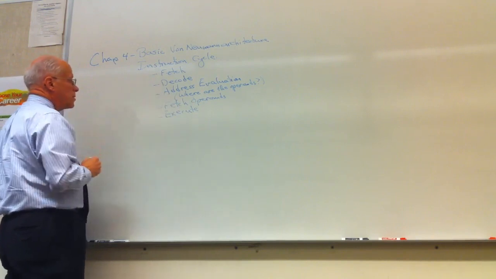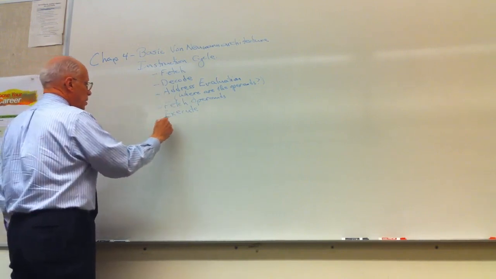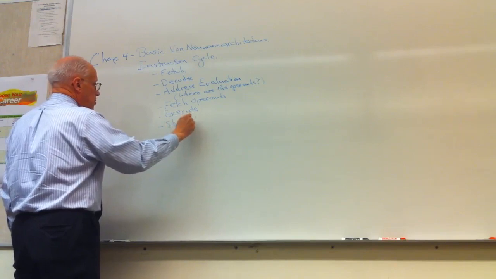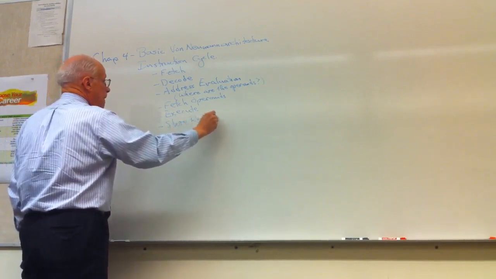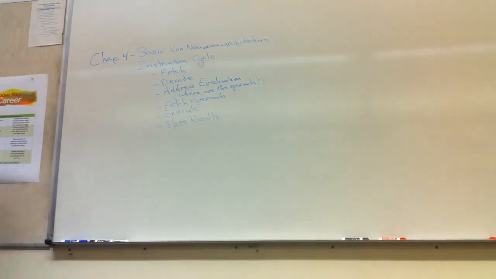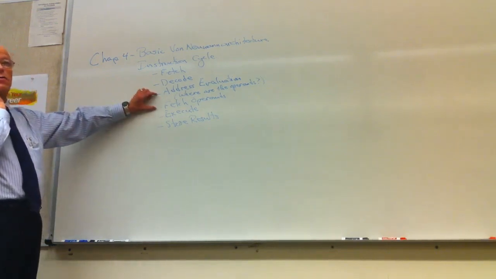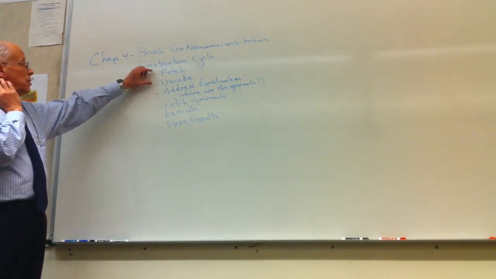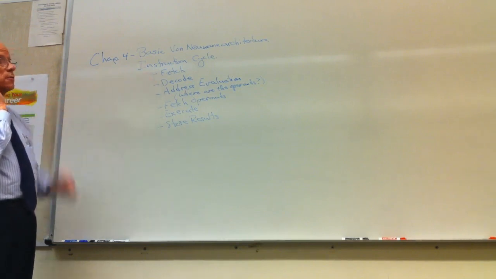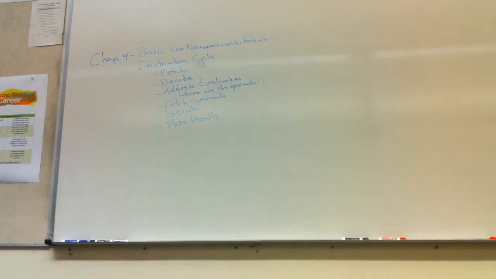Execute the operation specified by the instruction, and store the results. Okay, this book separates that cycle into 6 steps. Not all books do. Some, for example, will combine these two into one, and these two into one. But it's a pretty good description of how things work.